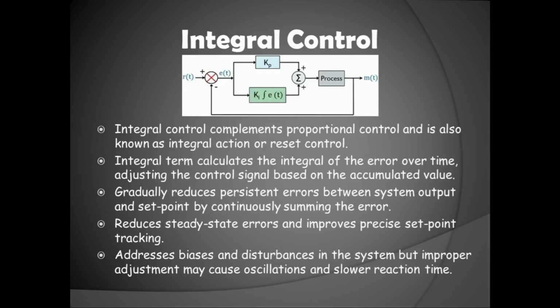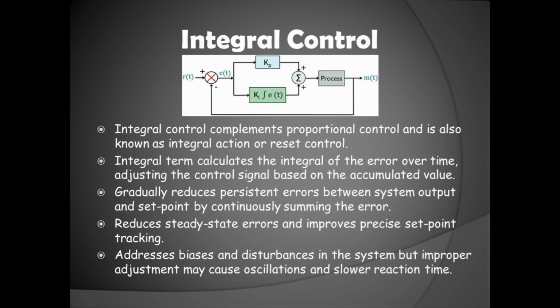Integral control. Integral control, sometimes referred to as integral action or reset control, complements proportional control by factoring in the accumulated error over time. The integral term in the control algorithm calculates the integral of the error, and this accumulated value is used to adjust the control signal.